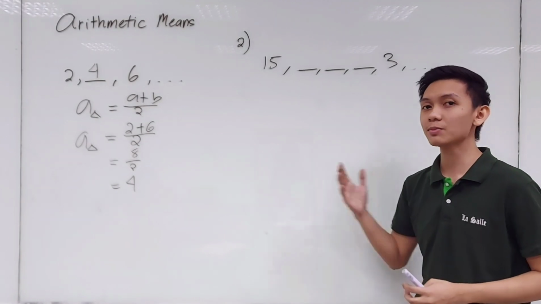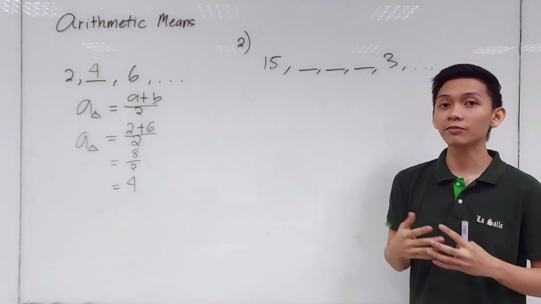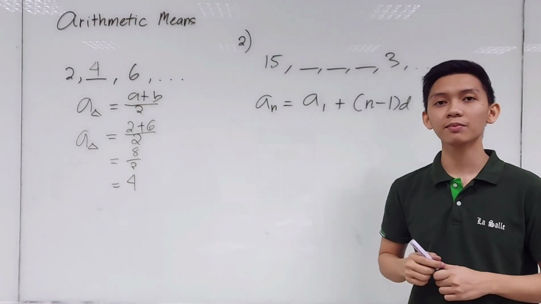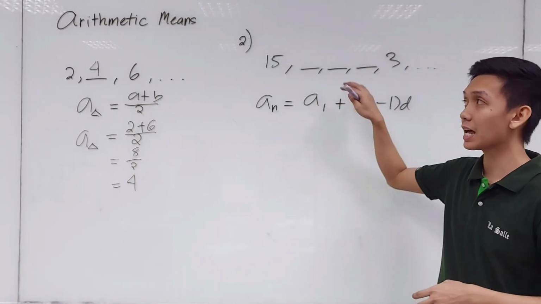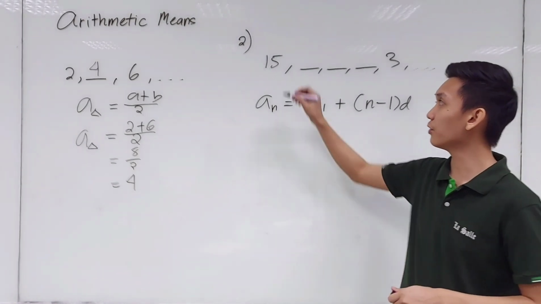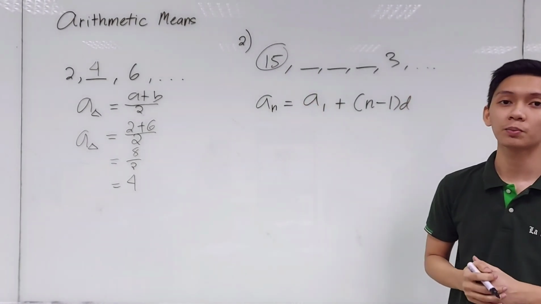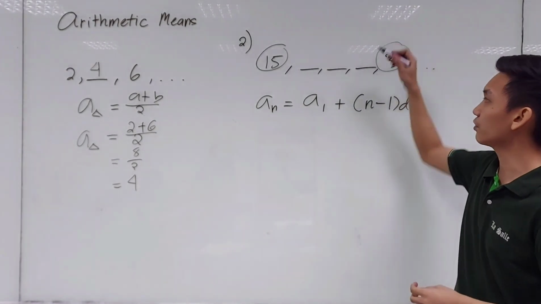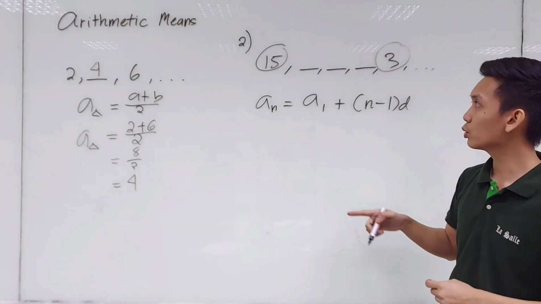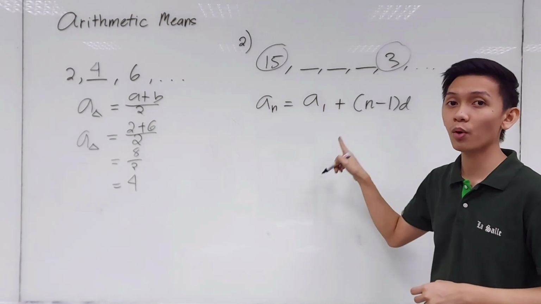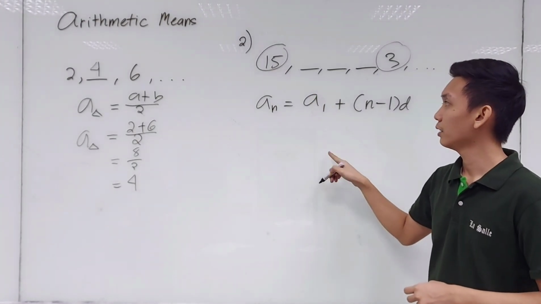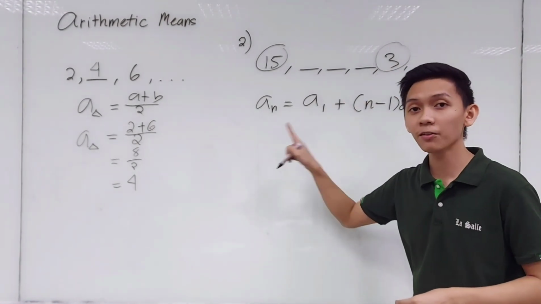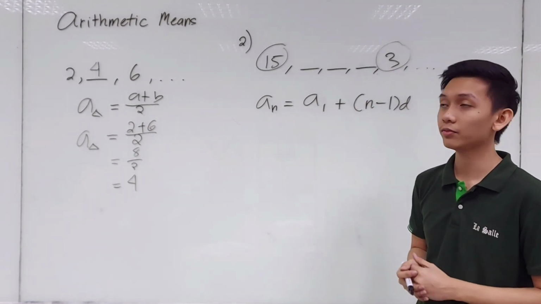Now in finding these means, we can use the formula from before. We can use this formula by maximizing all the given information in this example. Now we all know that 15 is the first term. Now we also have 3, which is obviously the 5th term. Now we can substitute 15 to A sub 1, and we can also substitute 3 as A sub n if n is equal to 5.